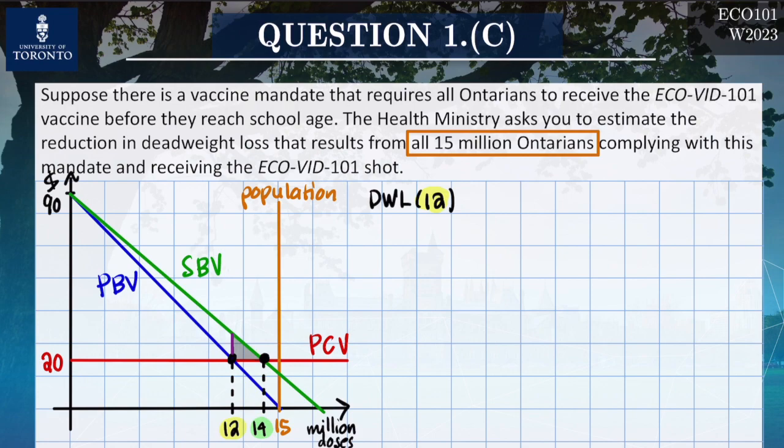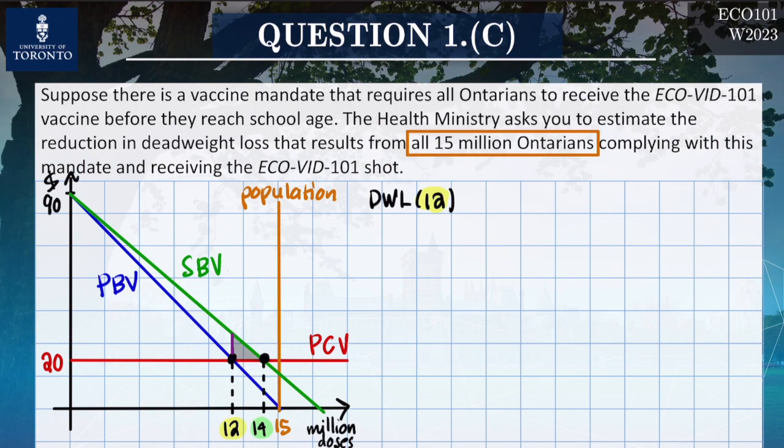We know that if 2 more million people were vaccinated at the social optimum, then we would get this additional area of surplus that is between the social benefit of vaccination and the private cost of vaccination.